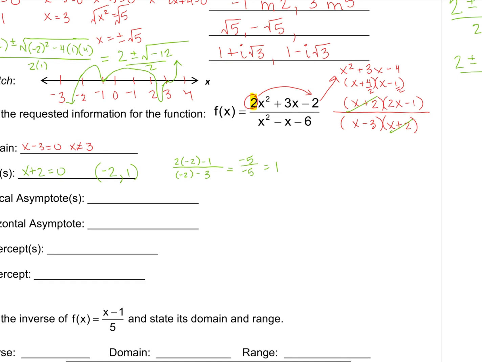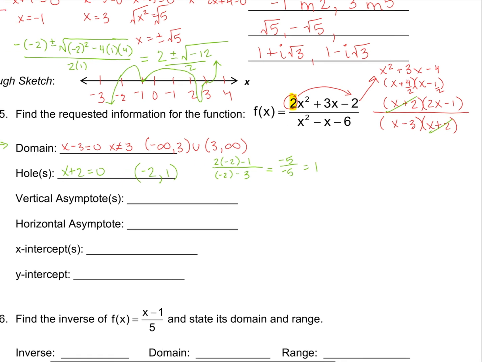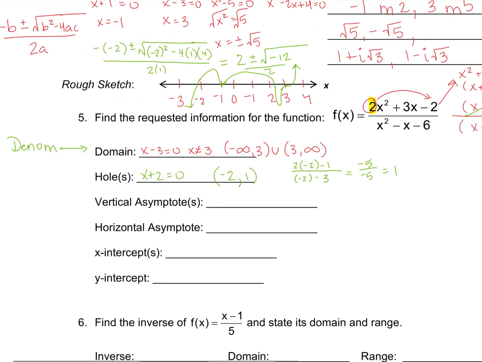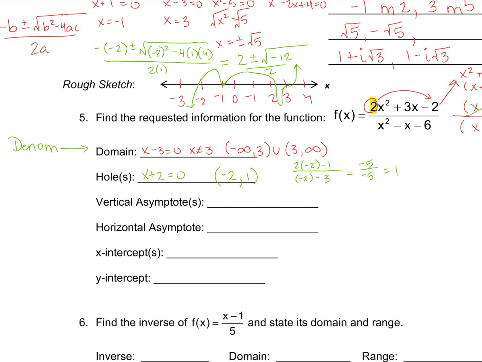So when I go to write my domain, I know it's going to go from -infinity to 3, union 3 to infinity. Vertical asymptote. Well, if I use my denominator, I know that it cannot occur at 3, so I'm going to have a vertical asymptote at 3, meaning I'm going to have my dashed line occur at 3.